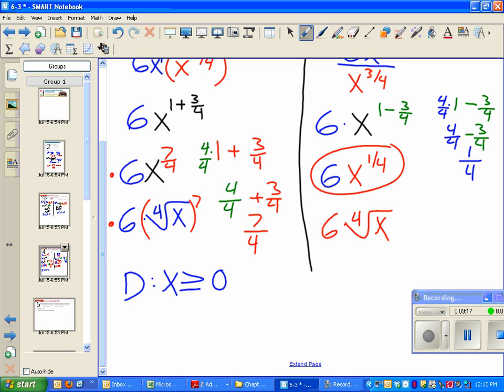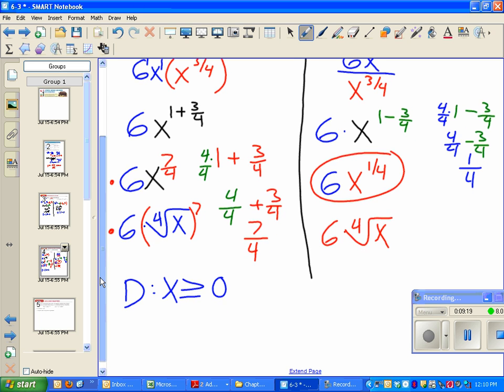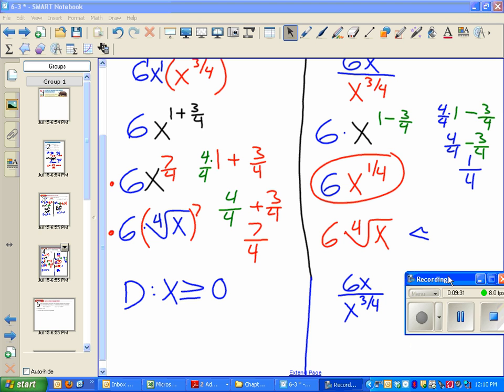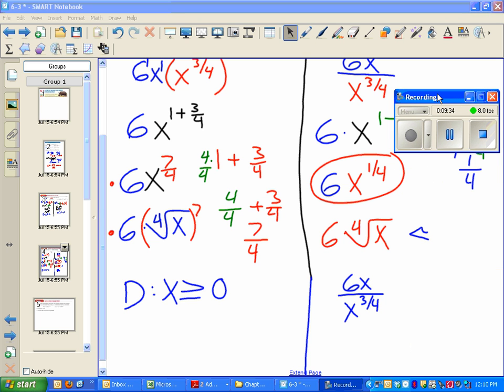And the domain for B is going to look a little different. So this is what we have, but our very original one, if you look at our original one, of 6x over x to the 3/4 power, okay? Before we simplify, we still need to take into account the domain. So if x was equal to 0, I would be dividing by 0.